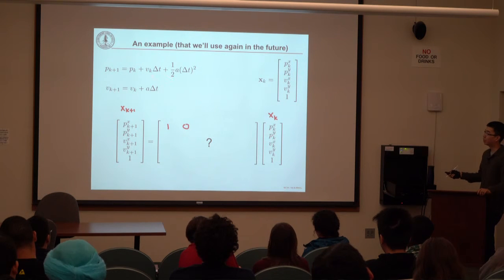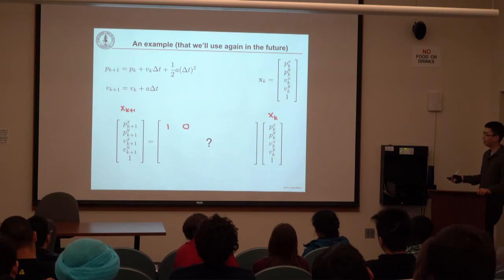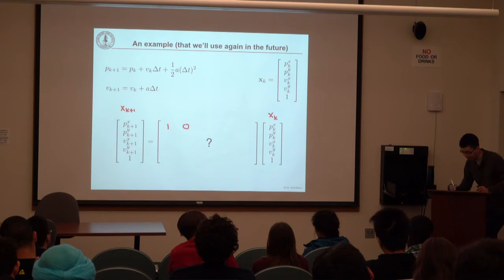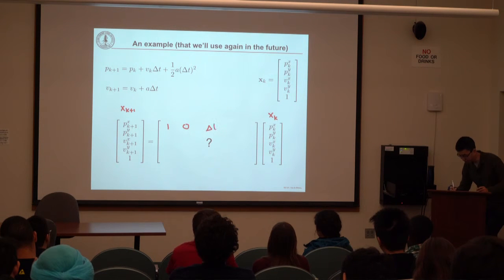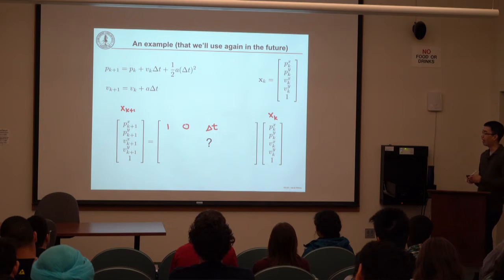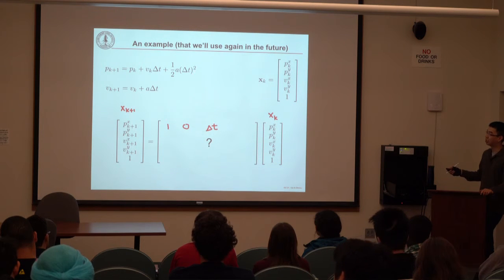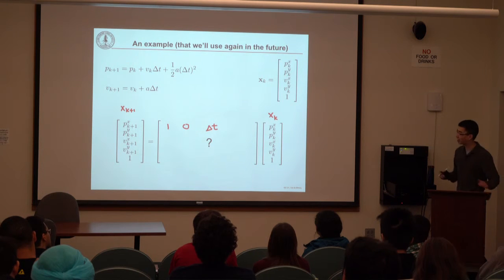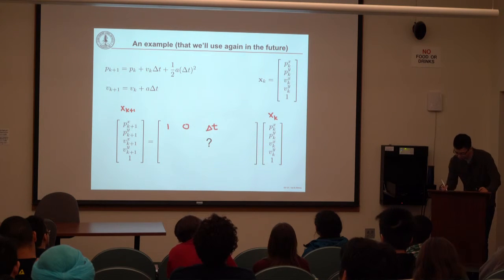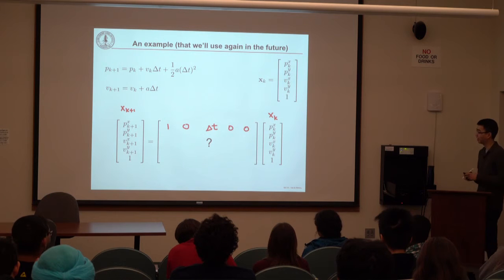And then to integrate out our velocity, vxk will be multiplying a term delta t. And then for this example, we'll just assume that a ball is dropping, so we only have acceleration due to gravity, and gravity only affects the y direction. And so we have this term 0, 0.